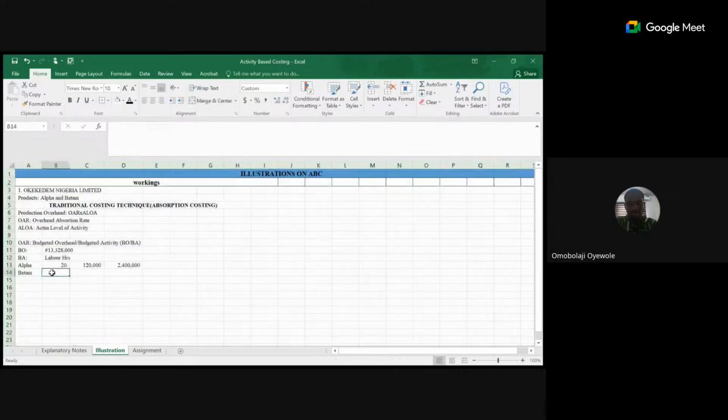Now for Beta, the labor time per unit is 25, and the number of units is 120,000. Multiplying this by this gives us 3 million.